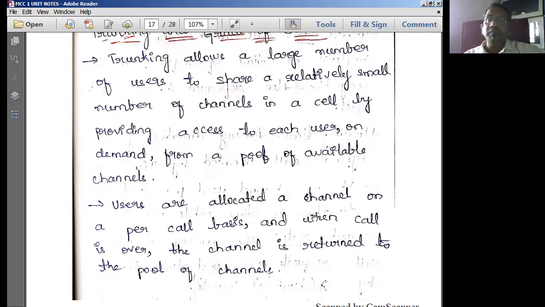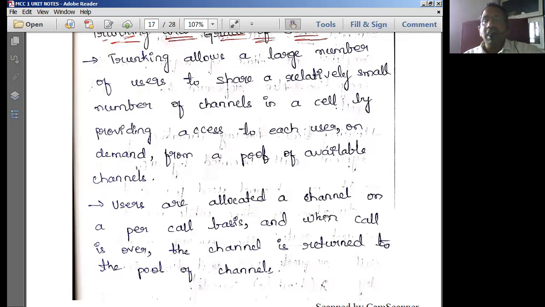Tomorrow it will increase to 150. What will happen now? The number of users has increased, but the number of channels in a cell has become small in comparison with the number of users who are going to use the channels. This is the scenario where we incorporate the concept called trunking.